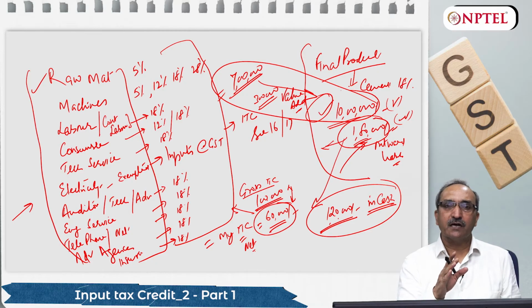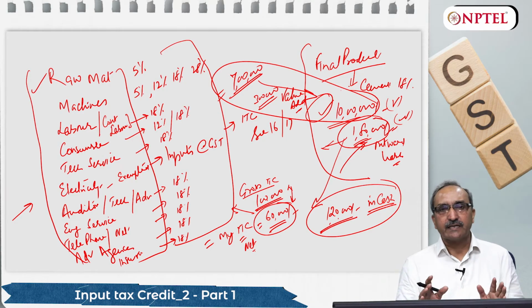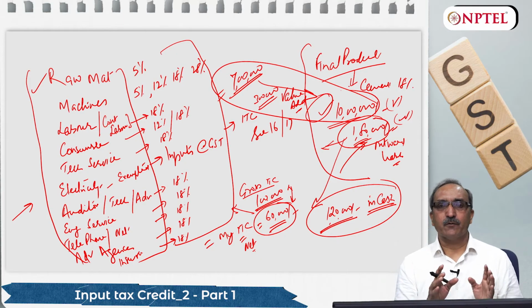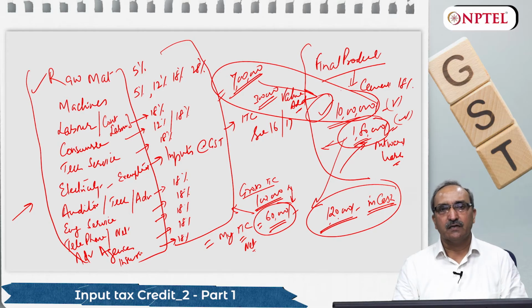And if your goods are undervalued, you are evading tax, and the government will be after you for recovery. So taxes depend on the value of the products, and products costing and value should be determined very technically and accurately, so that there is no dispute in future.